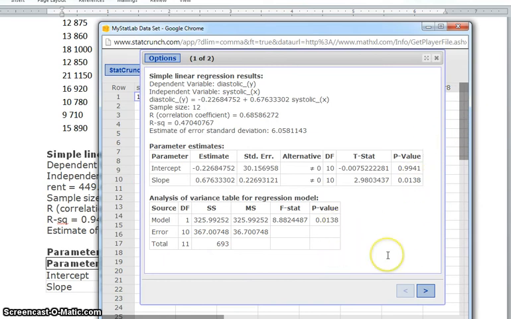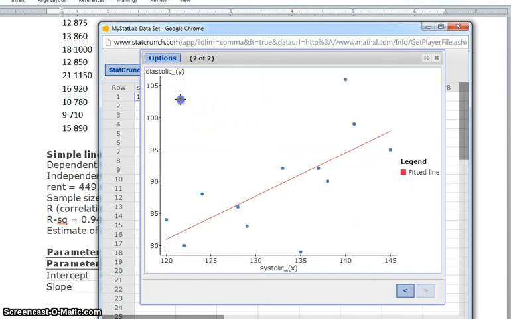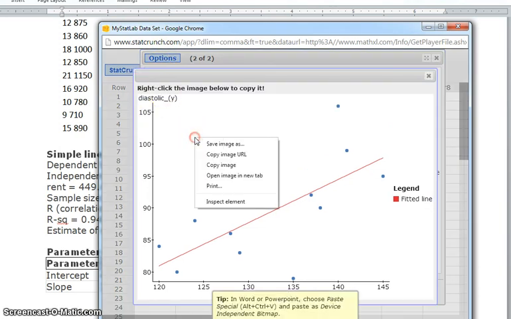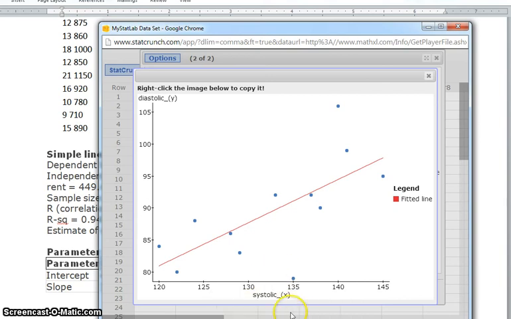I think. Well, there. Okay, I guess it didn't register our prediction. But there's our graph. So we want to copy the graph. Right click to copy. I want to copy image. And then the reminder down here to choose Alt Control V once we get into Word.